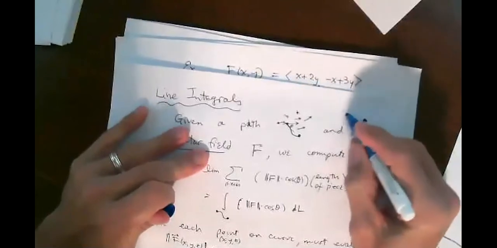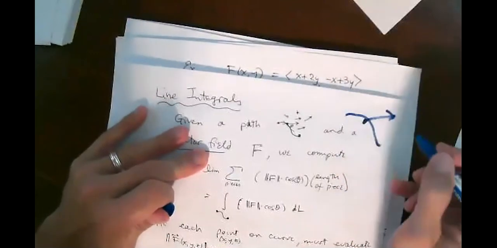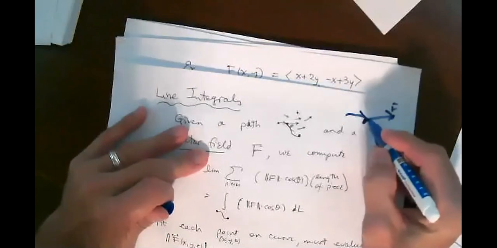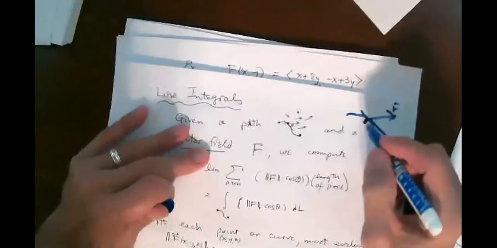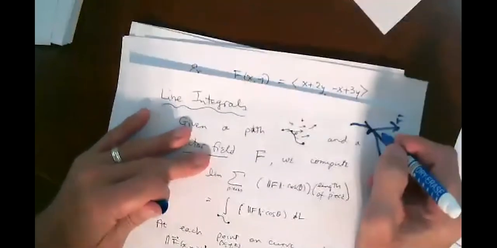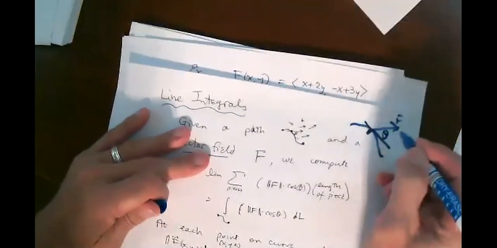You have to decide, going all the way back to the original question, just if I could blow up that part of the picture a little bit, when you're standing at a point on the curve and you feel the vector field is pointing you that way, but you know you have to travel along this curve, you tell me I'm supposed to multiply the magnitude of f by the cosine of the angle theta, but there's two choices for theta. Did you mean this one or did you mean that one?